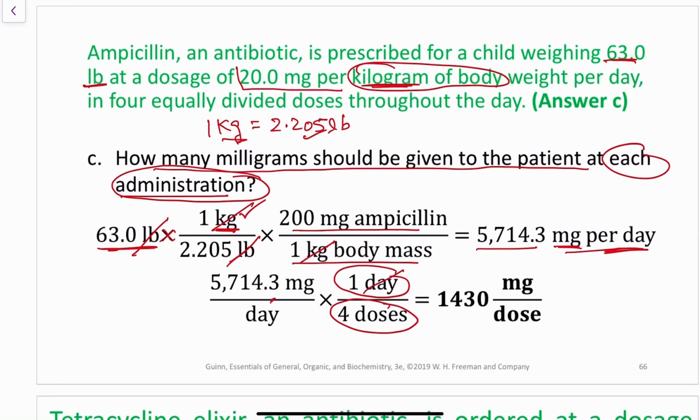So day will get cancelled, and you will get this number, 1430 milligrams per dose, right? So that means every time you have to give 1430 milligrams of the dose, and you have to give 4 doses of this type in the entire day. So this is how you normally do the problem.